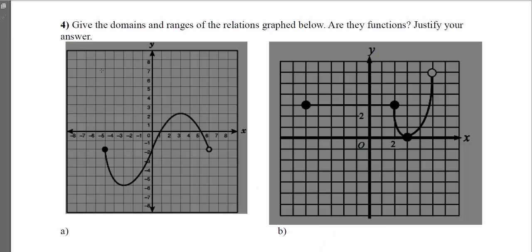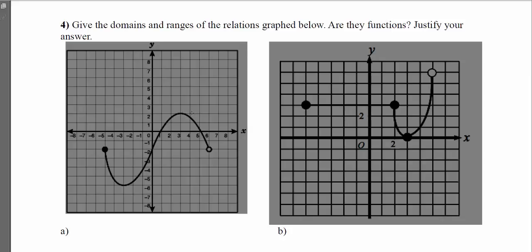Now let's look at possible y values. Well, the lowest value here for y is minus 6 and it's defined. And up here it's defined for y is equal to 2.